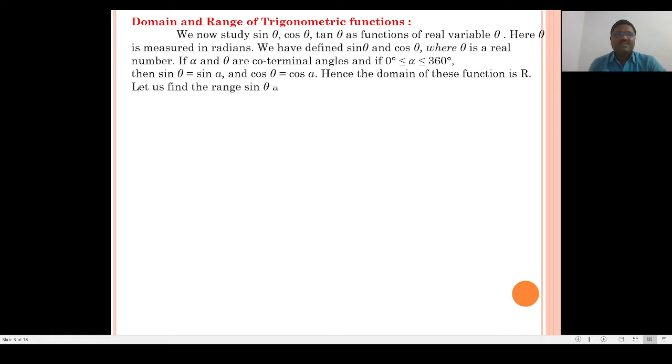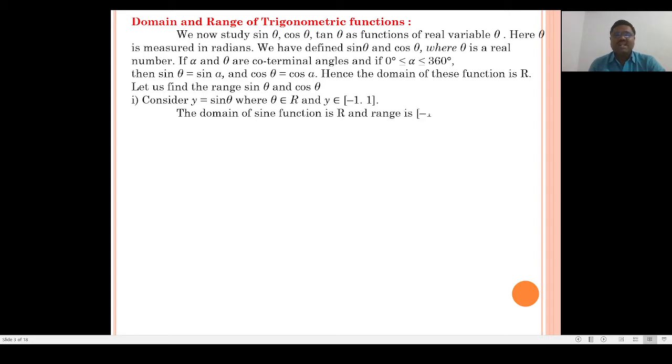Let us find the range of sin theta and cos theta. So consider y equals sin theta, where theta belongs to R, and y belongs to the closed interval -1 to 1. And then the domain of sin function is R and range is the closed interval -1 to 1. Again consider y equals cos theta, theta belongs to R, so y belongs to the closed interval -1 to 1.